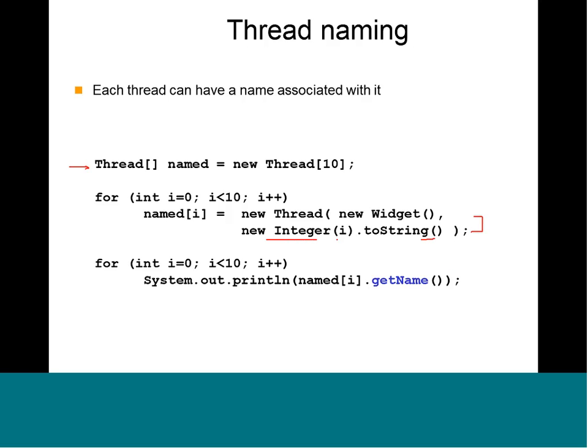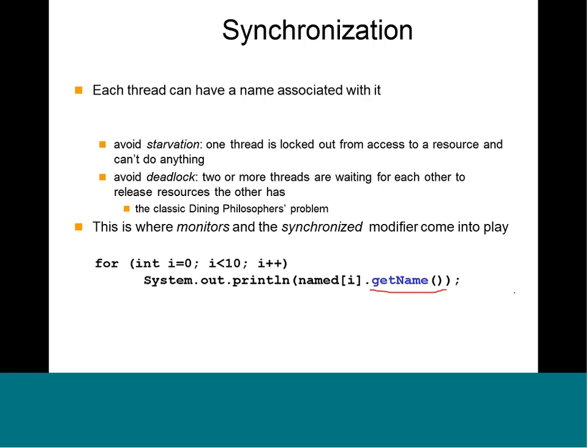And then that's just an argument you pass to the thread constructor, and it names it. And then you call getName to print out the name.